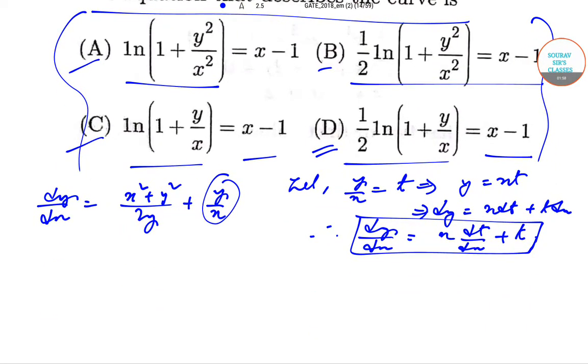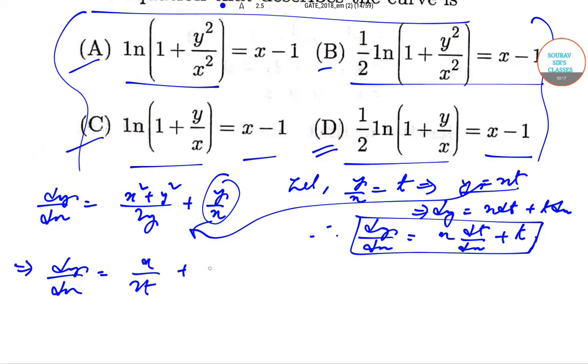Now if we put y equal to xt in the given equation, this will give us dy by dx is equal to x by 2t plus tx by 2 plus t.